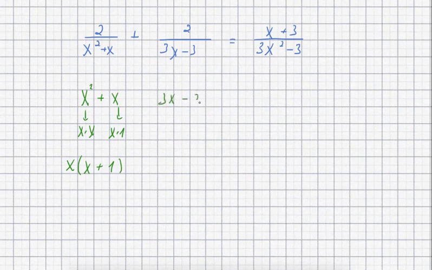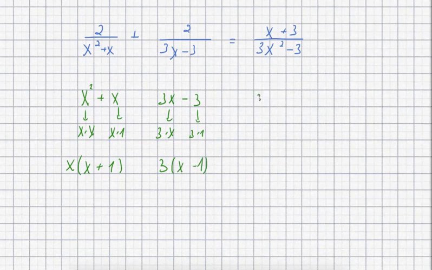Now the second one. 3x minus 3. Okay, so 3 times x. And like 3 times 1. So 3, and then in parentheses x minus 1. Perfect.